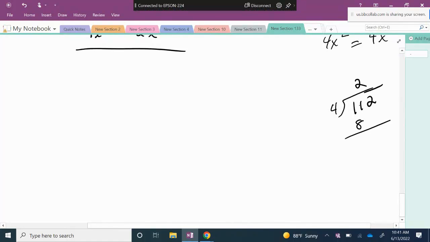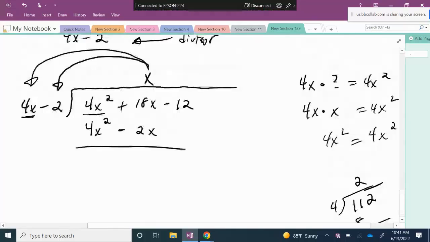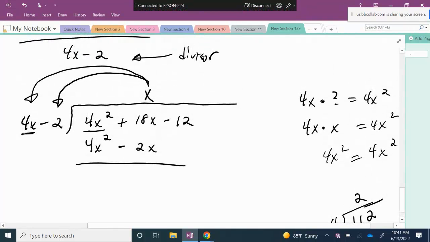So in basic arithmetic, once we figure out what we can multiply by without going over, the next thing to do is change the sign, right? So I must make sure I follow the same rules when I'm using long division. So I must change the signs.